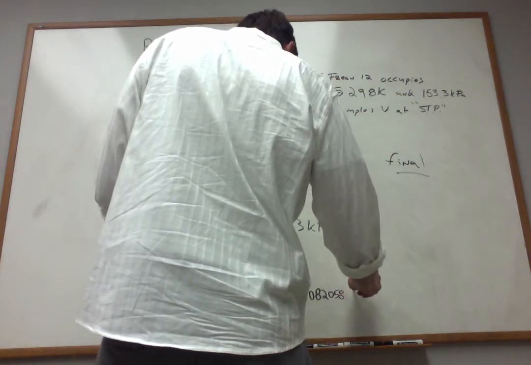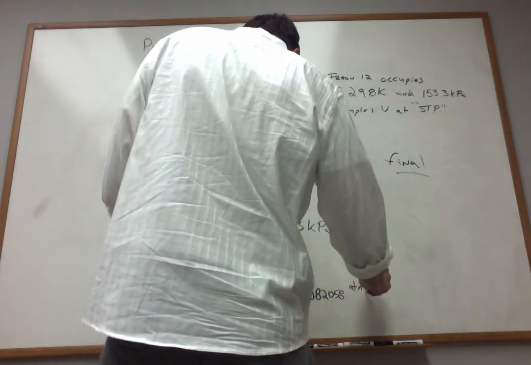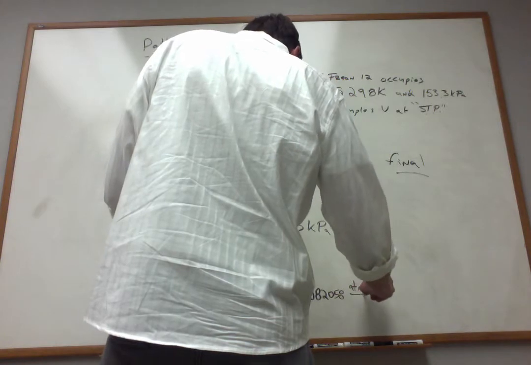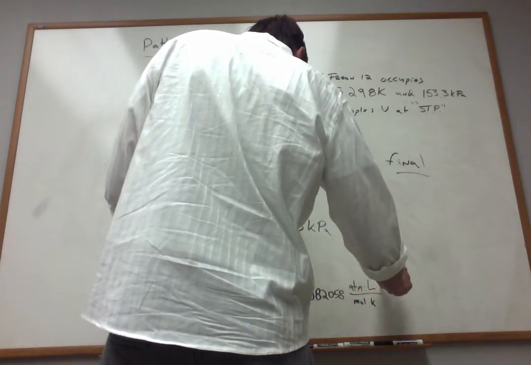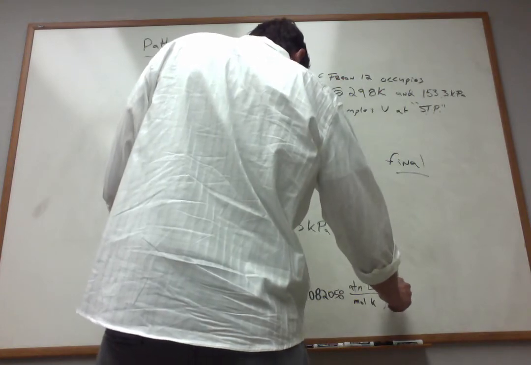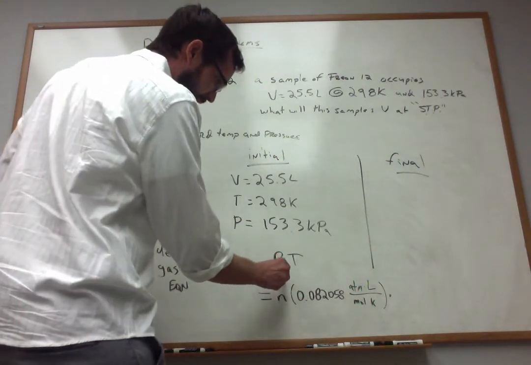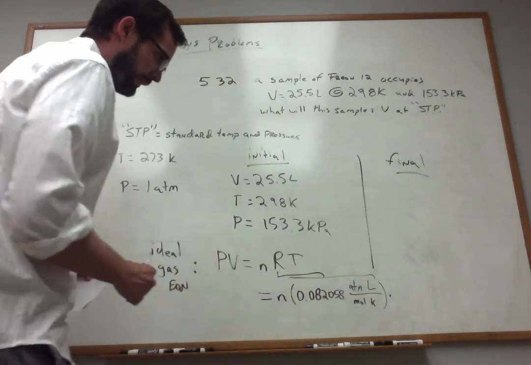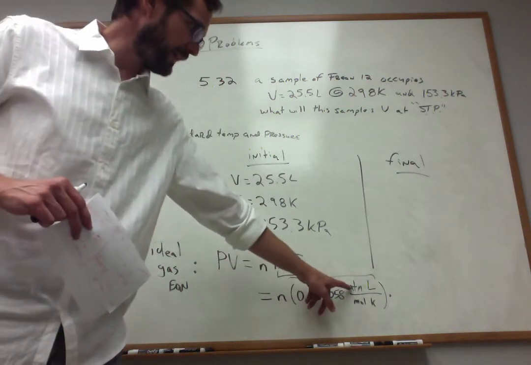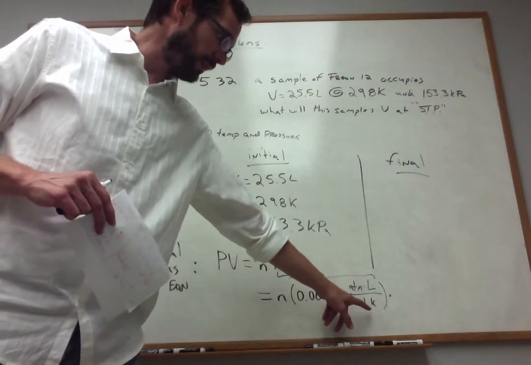Now, this number, 0.082, has very, very specific units of measure attached to it. It has units of atmosphere liters per mole Kelvin.